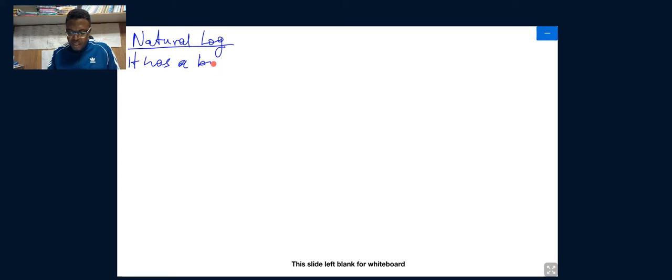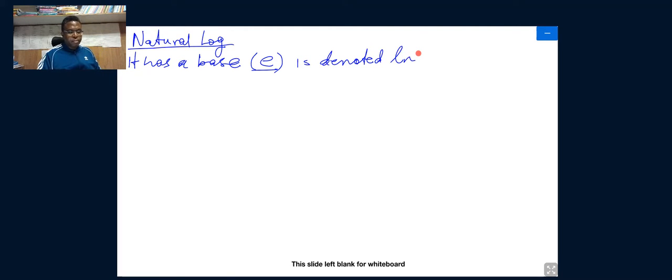I don't think at high school level this is done, but nevertheless, a natural log has a base e and is denoted by ln, right?